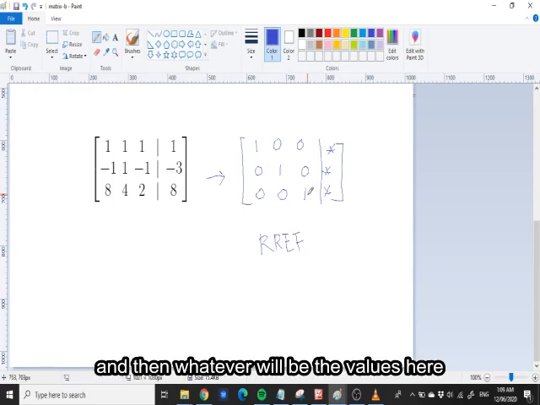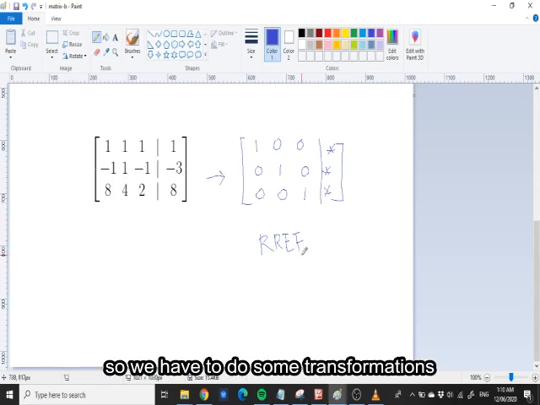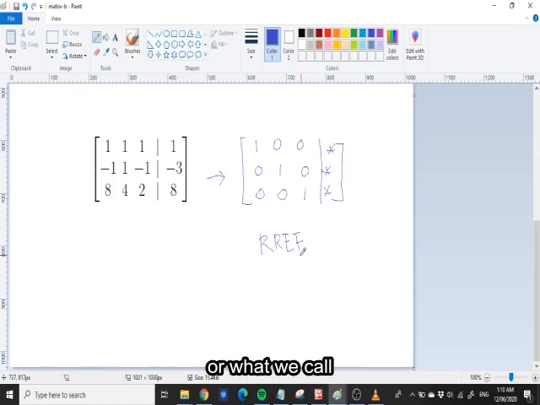Then whatever the values are on the right will be the answers. This is what we call the reduced row echelon form. So we have to do some transformations, or what we call column and row operations, to transform this matrix into an RREF, reduced row echelon form.